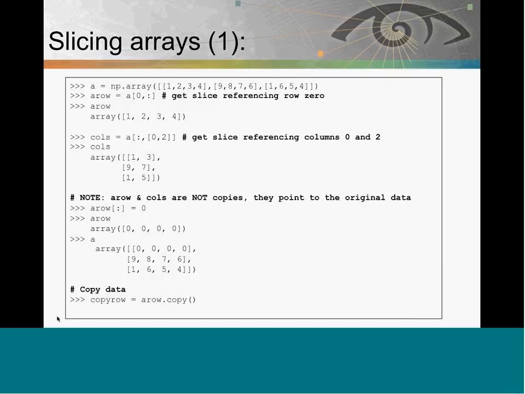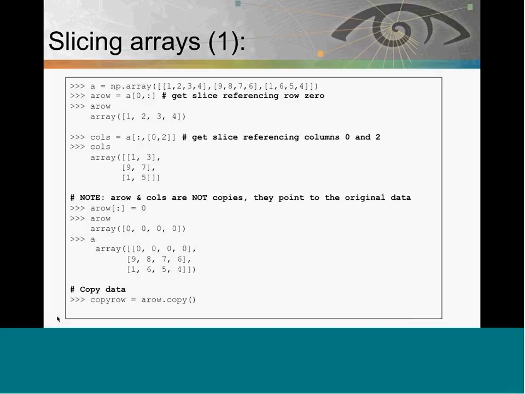Now let's look at operations. Once I have the array, what can I do with that array? Let's say I have an array with 3 rows and 4 columns, and I want to get slicing. So you get the reference to row 0. If I say row equal to a bracket 0 comma colon bracket, I get 1 2 3 4.